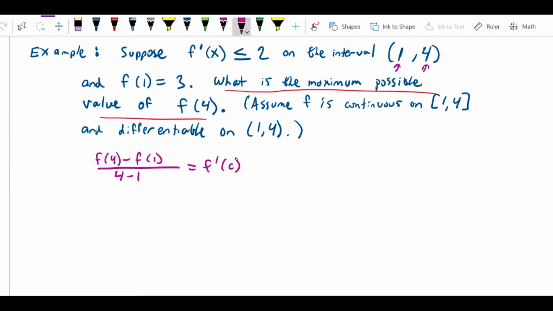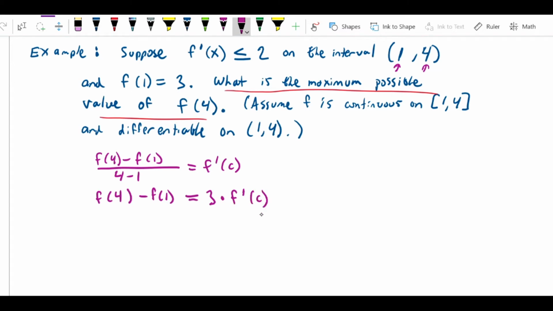If I rearrange this equation a little bit, I'm going to multiply both sides by the denominator, which is 4 minus 1, or 3. That gives me that f of 4 minus f of 1 must be equal to 3 times f prime of c for some value c.